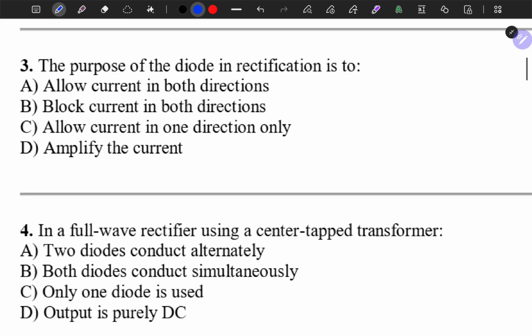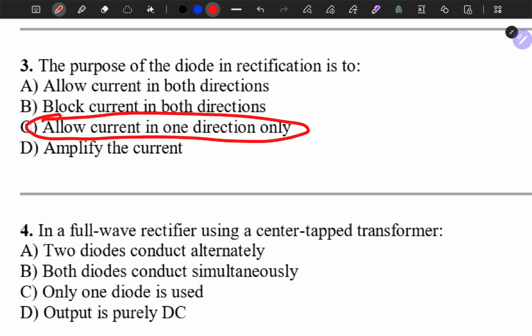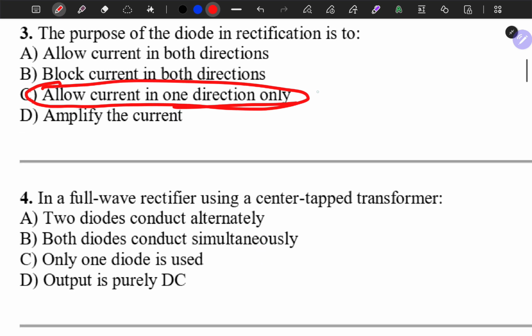The next question: the purpose of the diode in rectification is to allow current in both directions, block current in both directions, allow current in one direction only, or amplify the current. So the main purpose of rectification is to allow current in only one direction. Basically we need to convert the AC, which is two-way, into one way. So only one direction is allowed. Okay, so this is the correct option.